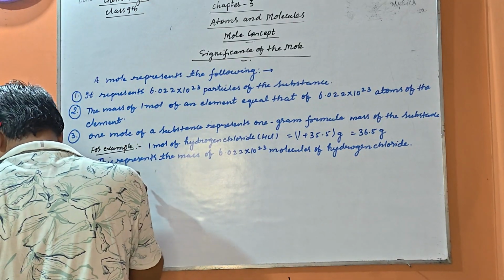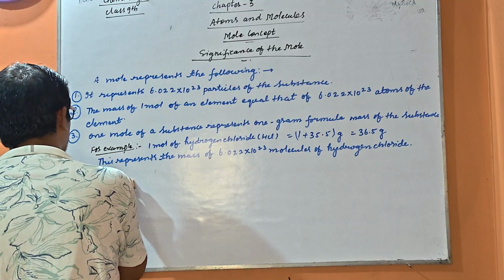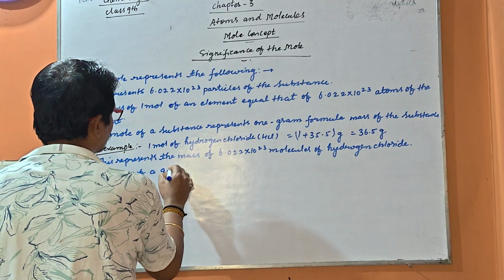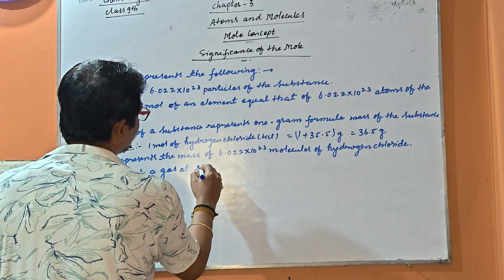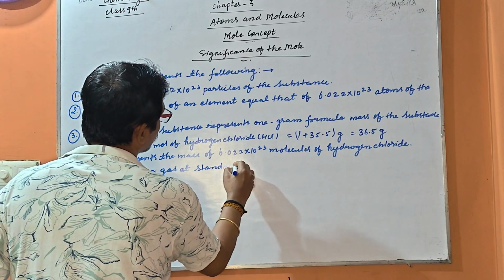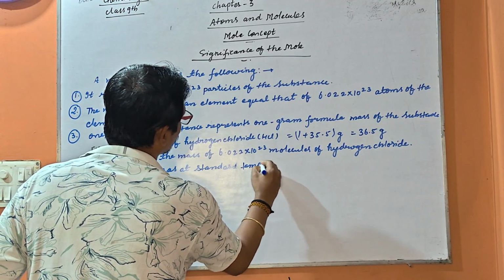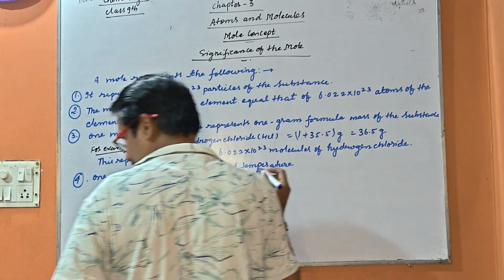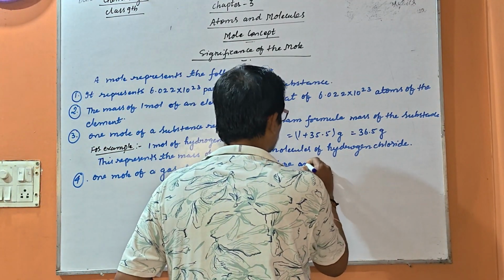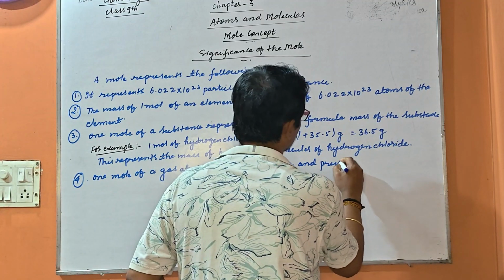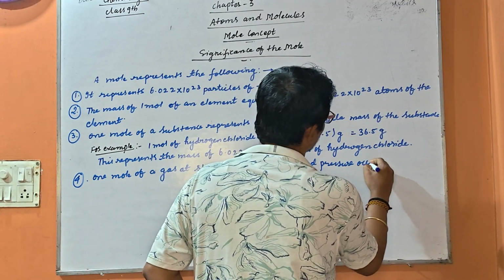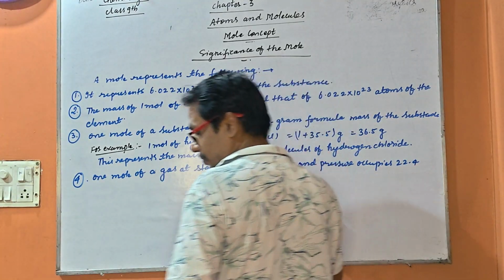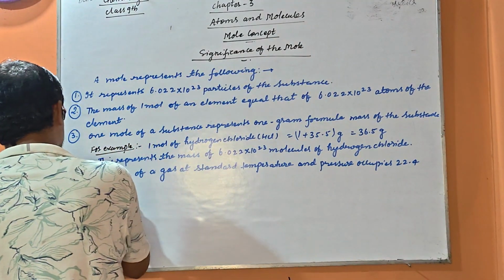1 mole of a gas at standard temperature and pressure occupies 22.4 liters.